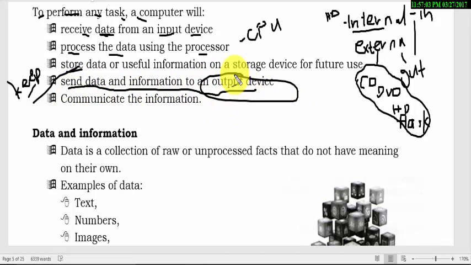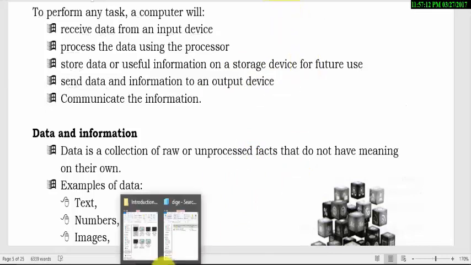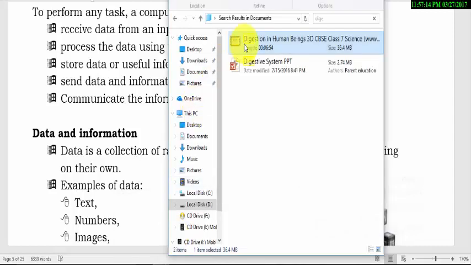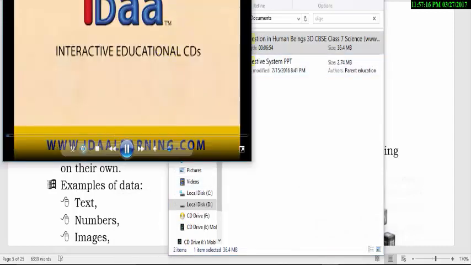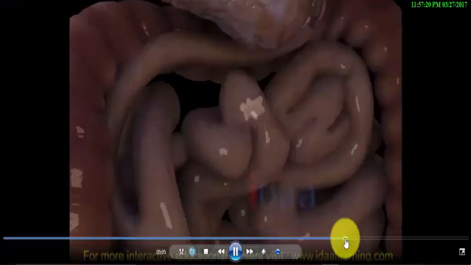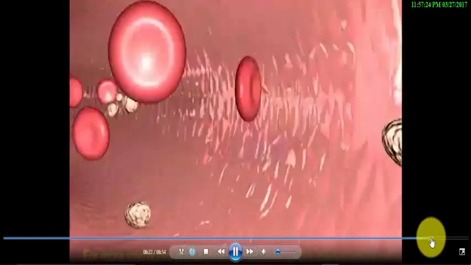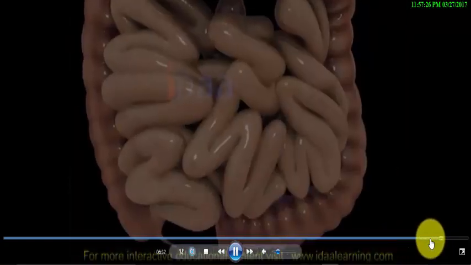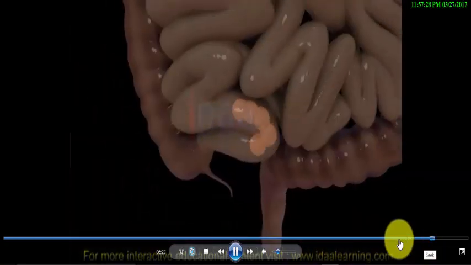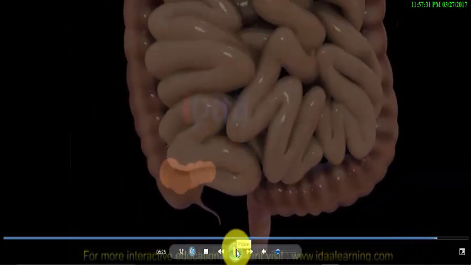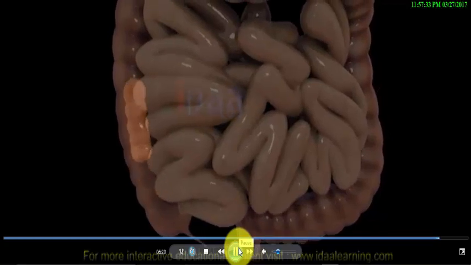If you look at our work that we are discussing here, we can open it again like this. An output device can mean something like this. So this is what we call an output device.